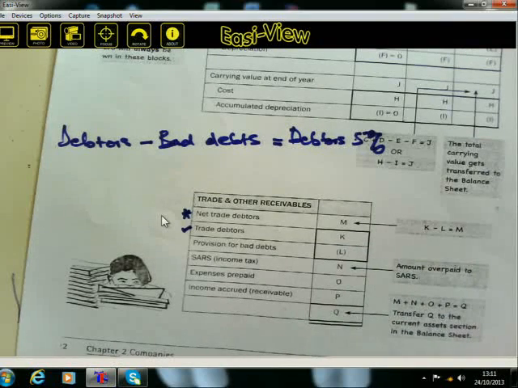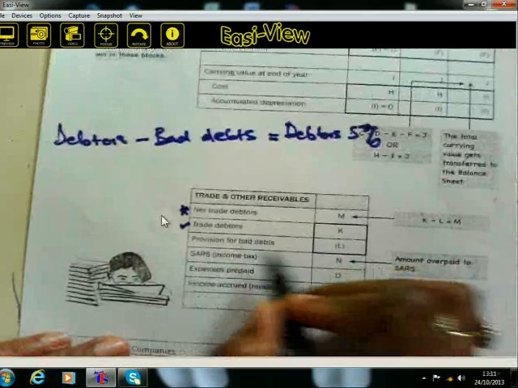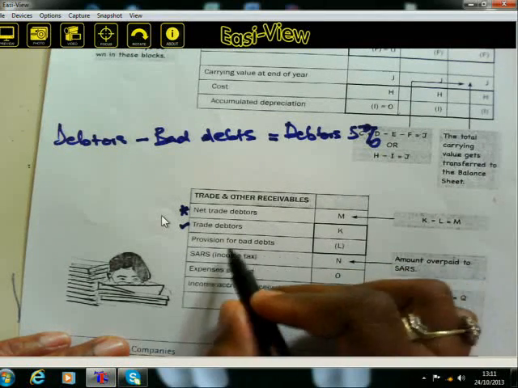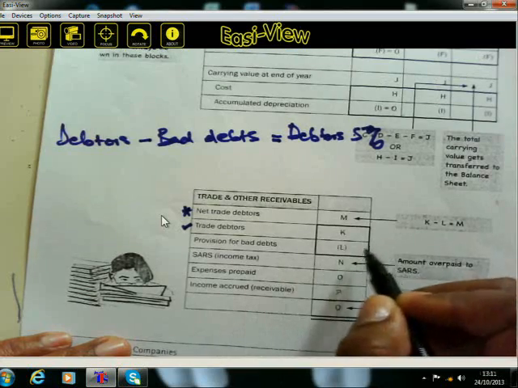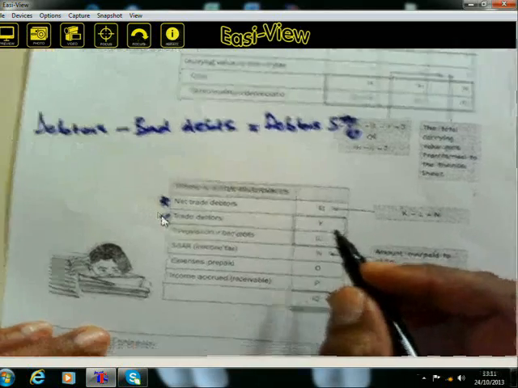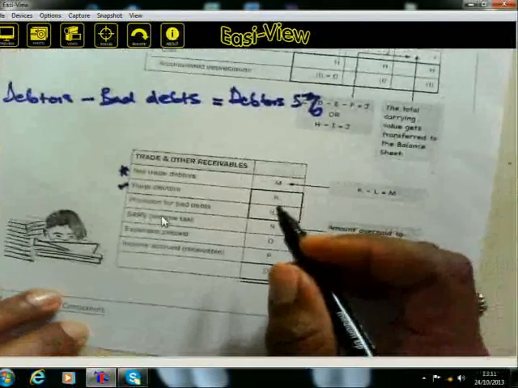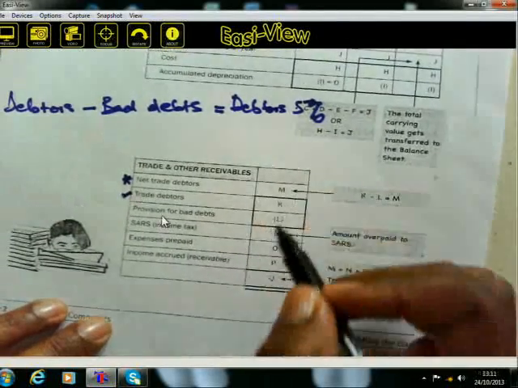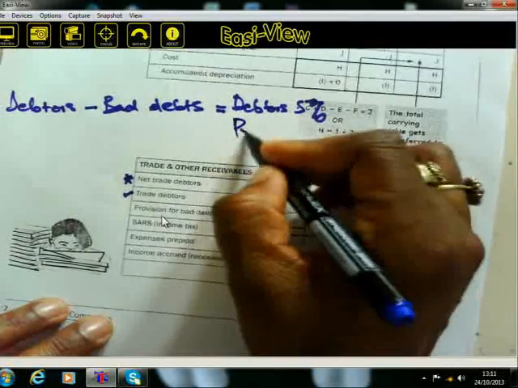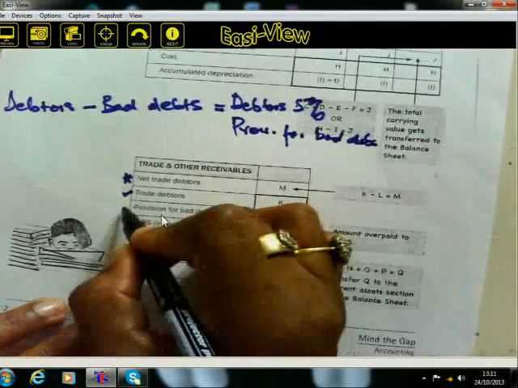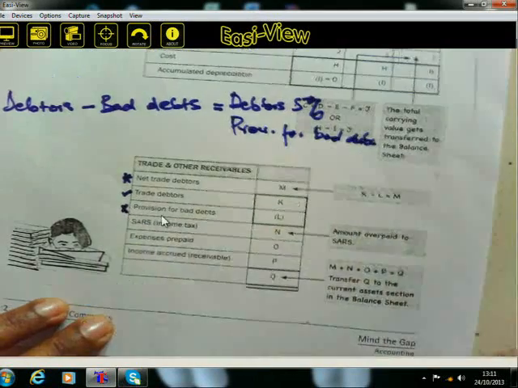But remember, provision for bad debts, we make a provision as a business to say these are the suspected bad debts in a business. So to get the actual amount that we might receive from our debtors, after making the calculation of provision for bad debts, this will be the amount that you should take into consideration.